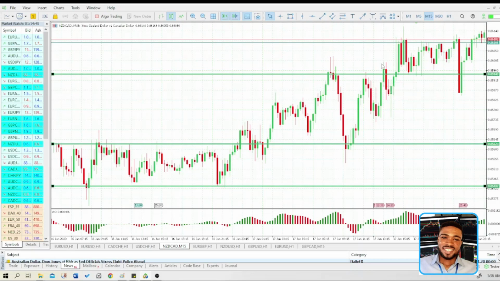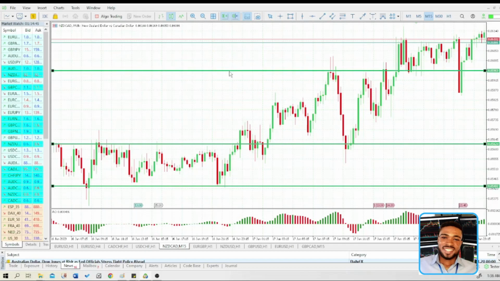Rejected, rejected, right? And the market has not come here, let's assume we are not above this line, we are still within. So this becomes our resistance, this becomes our support. Please, do you understand?